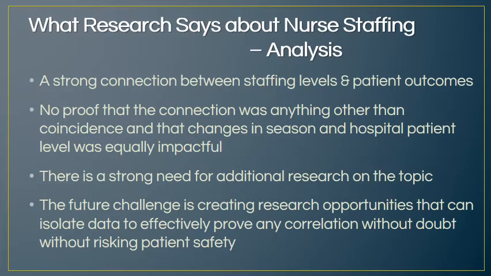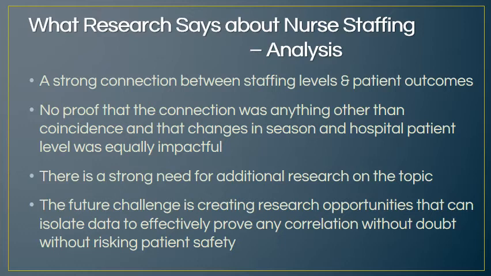All 12 articles evaluated presented some proof that patient outcomes are driven by the number of nurses working any given shift. In the article, Nurse Staffing and Patient Outcomes, the data analysis showed a specific correlation between increased registered nurse staffing and a decrease in both patient falls and hospital-acquired pressure ulcers.